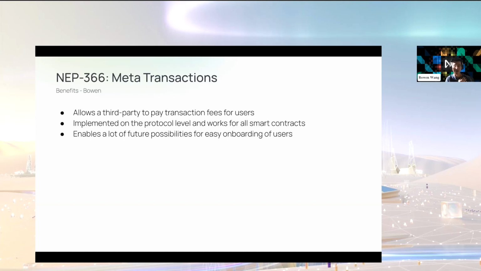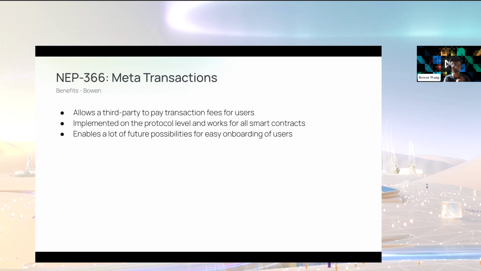So if you are a dApp developer, you don't necessarily have to think about, for example, deploying another proxy contract, like how meta transaction is implemented on some other blockchains. So basically, it's a blanket implementation that would work for everyone. And also it enables a lot of future possibilities and makes onboarding very easy.